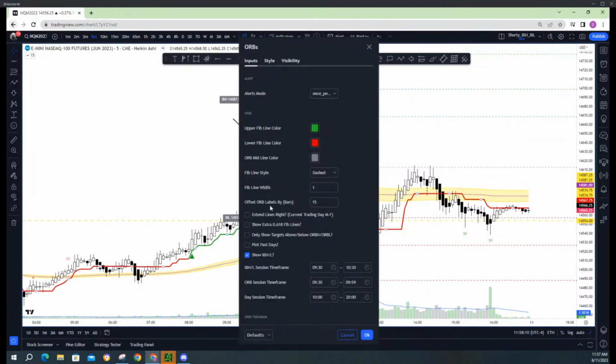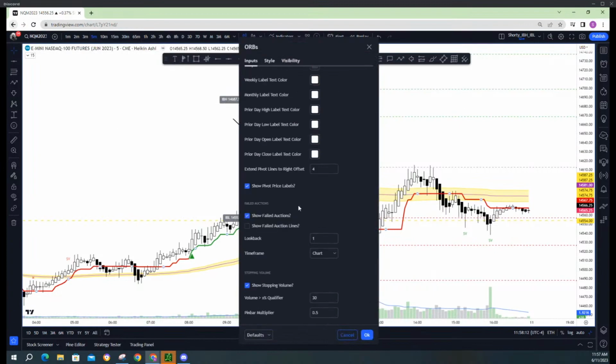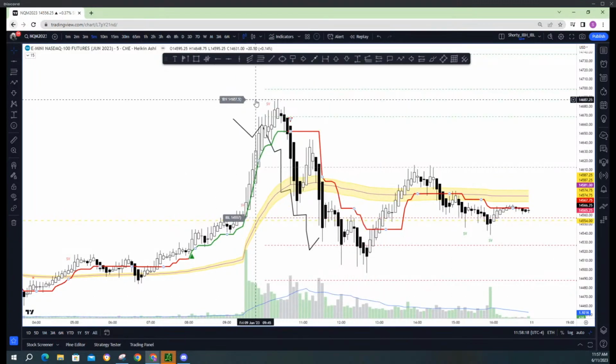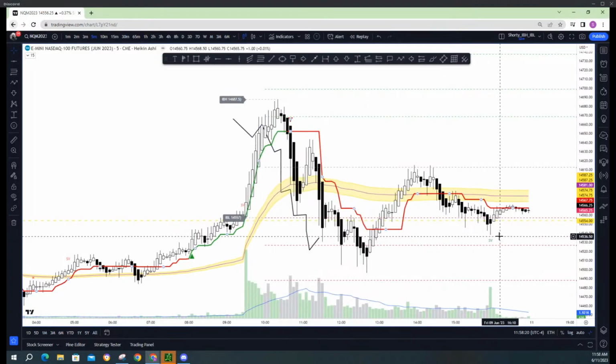And you can change this, right? If you want to be more strict, you can change the setting from 30%, let's say, to 50%. You might not find a lot of stopping volumes. And the higher the percentage you have, the better; this one here shows pretty good, but it's at 3:55. I personally don't trust stopping volume candles between 3:30 and 4, just because MOC comes out. There's a lot of emotion in the last 30 minutes.